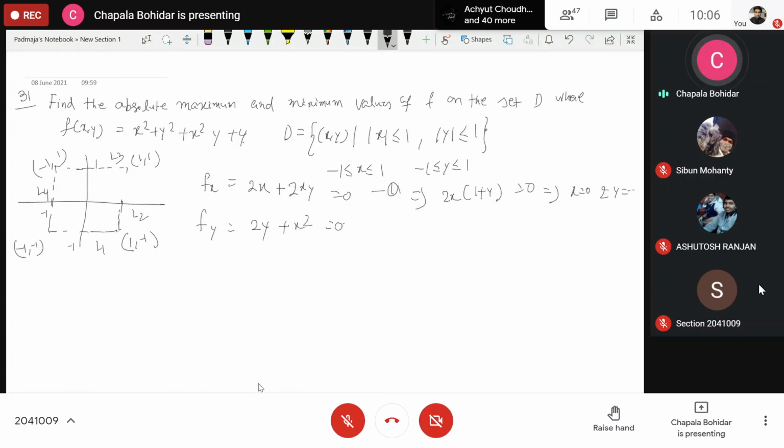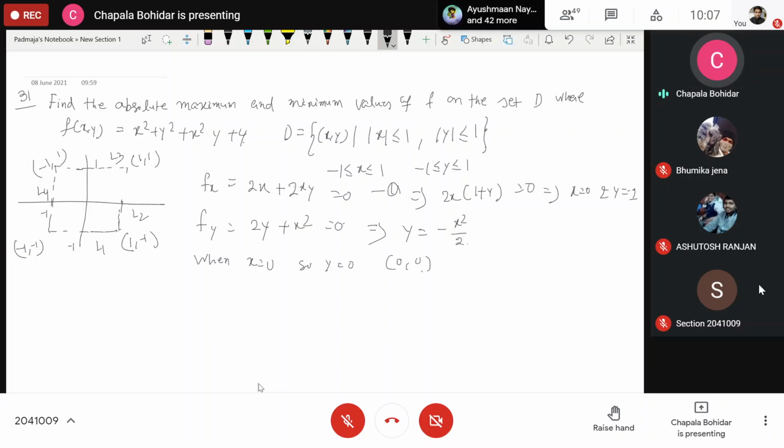Clear to all of you? So from the second equation, y is equal to minus x square by 2. When x is equal to 0, we get y equal to 0, so (0, 0) is one critical point.